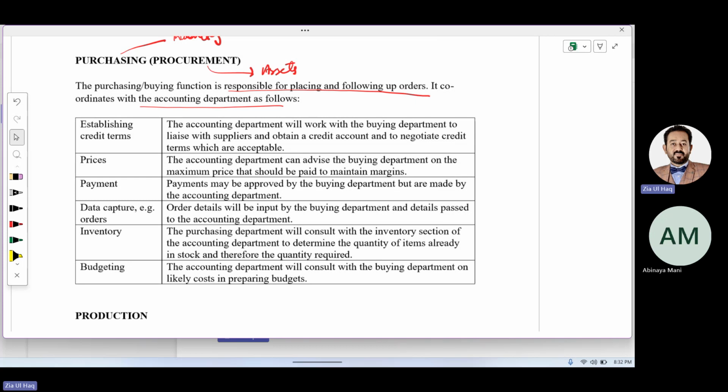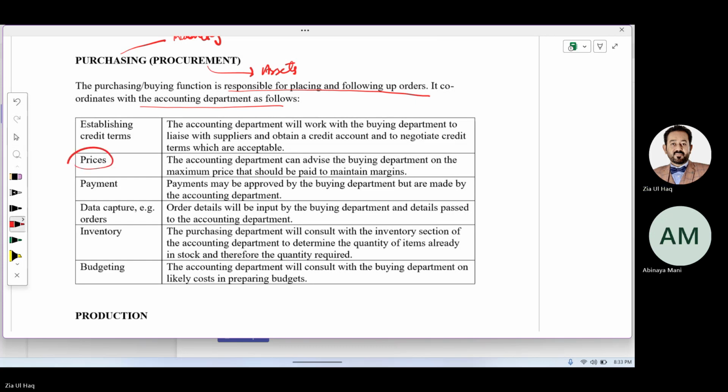So the accounting department is linked with purchase while negotiating credit terms with the supplier. The accounting department will see the working capital, and then provide information to the ordering department so they can negotiate with the supplier while obtaining quotations. They will see which supplier is providing better credit terms.